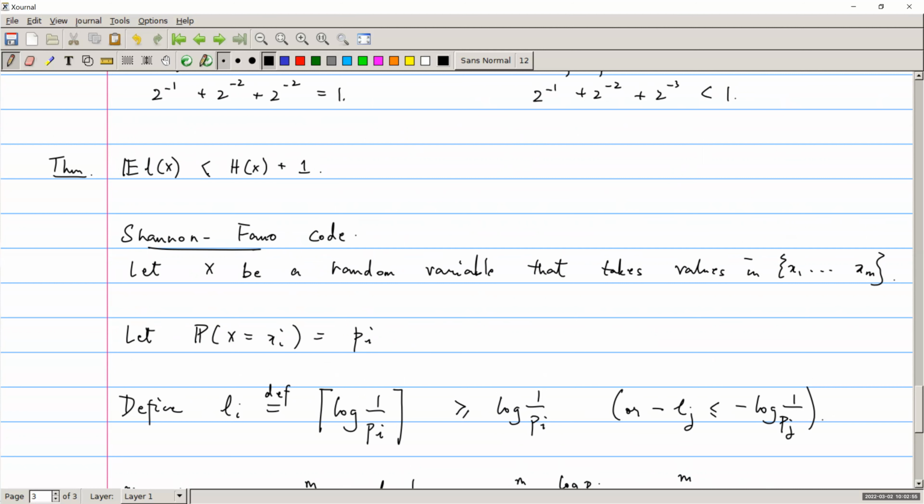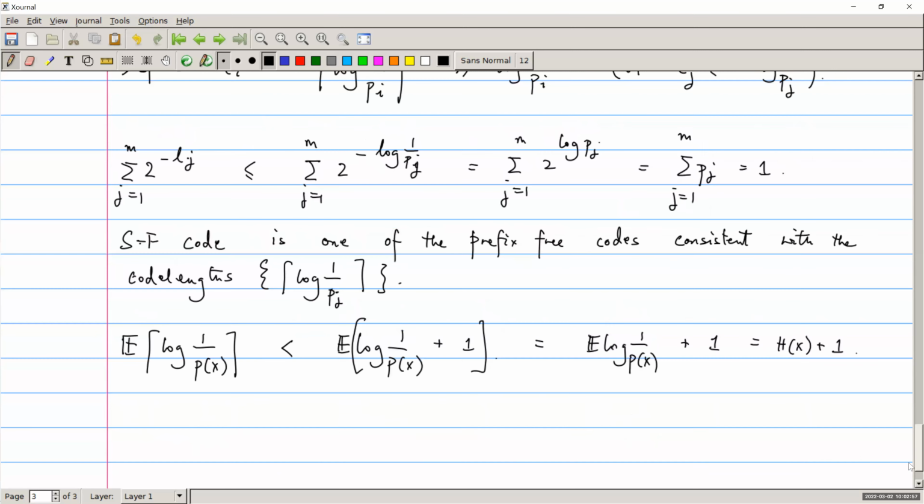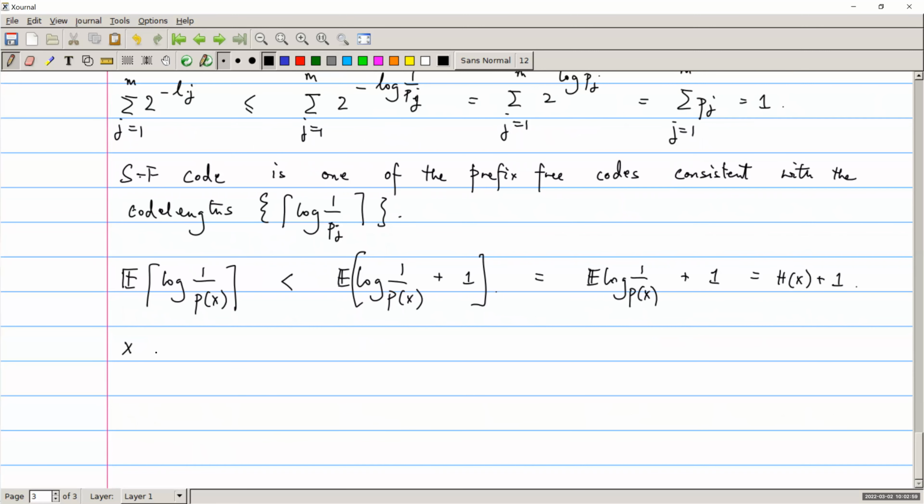Now when you're looking at a sequence of random variables, here is one thing we can do.